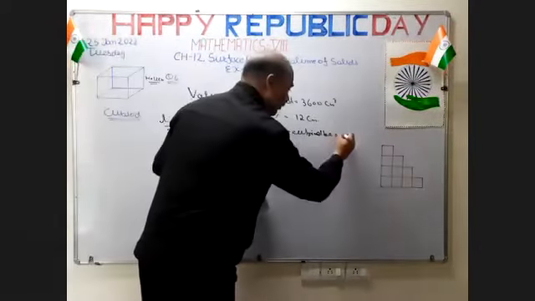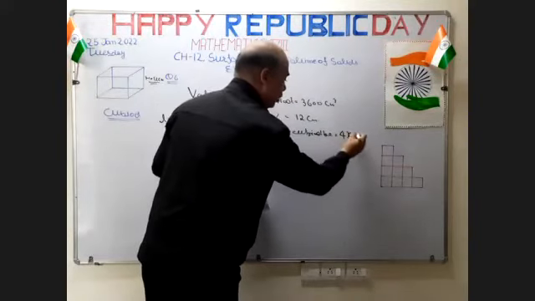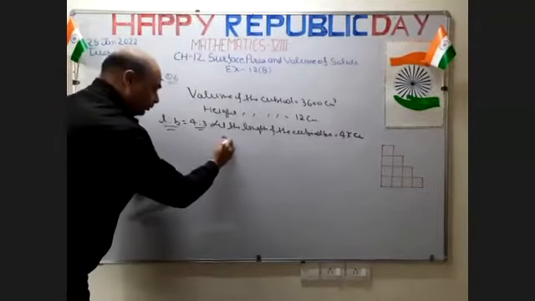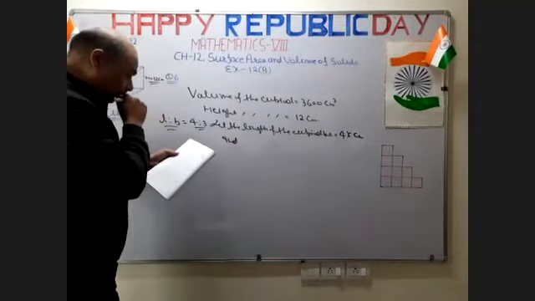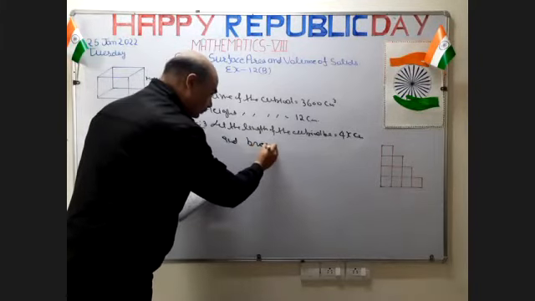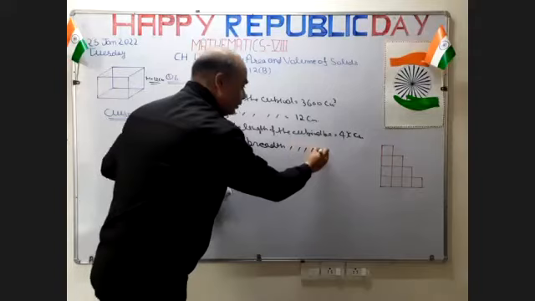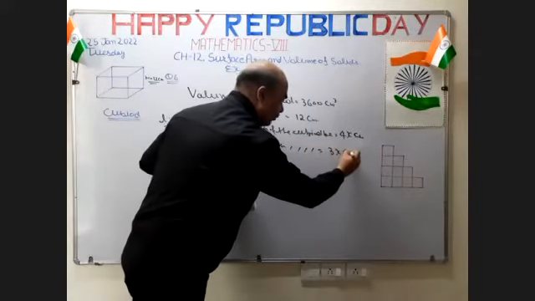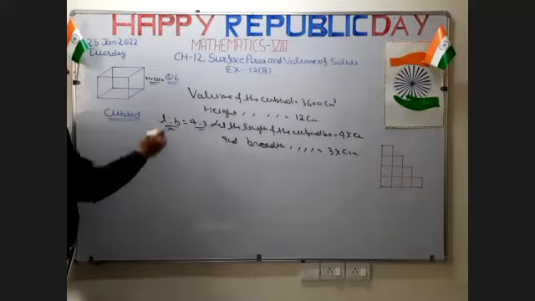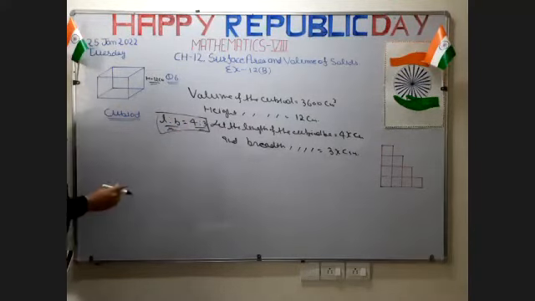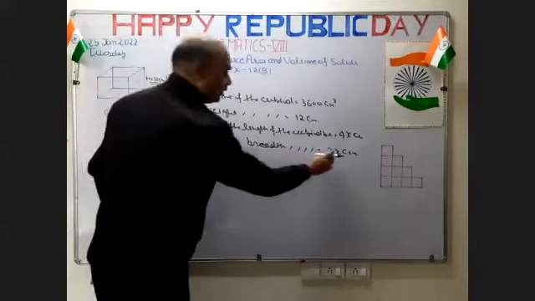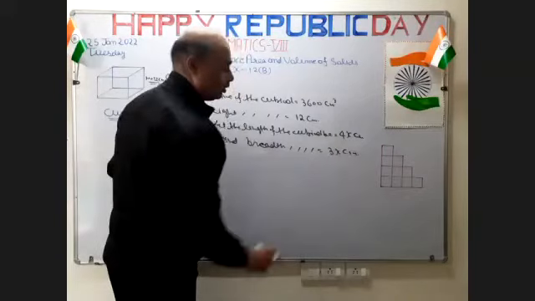Right here 4x centimeter, because all units are in centimeter, so it is also going to be centimeter. And the breadth of the cuboid be 3x, because it is given the ratio between length and breadth is 4:3. This is given in your question. So I suppose let the length of the cuboid be 4x and the breadth of the cuboid be 3x. I put x in the given ratio.